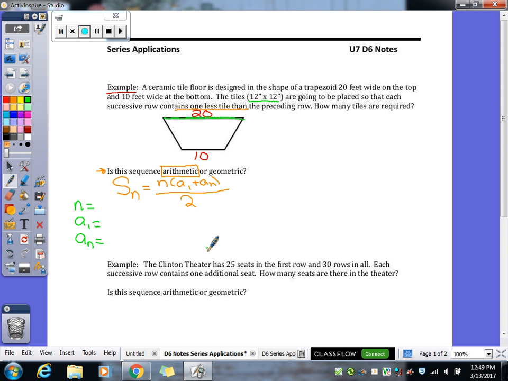So how many tiles fit in my first row? 20. So our first term, a sub 1, is 20. How many tiles fit in my last row? 10. What's the one thing we don't know? We don't know how many rows we have.